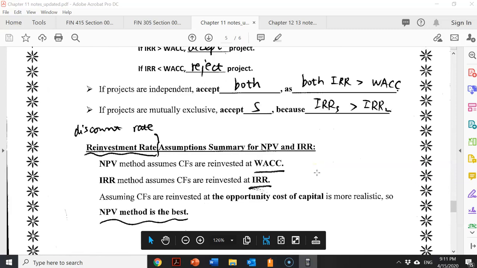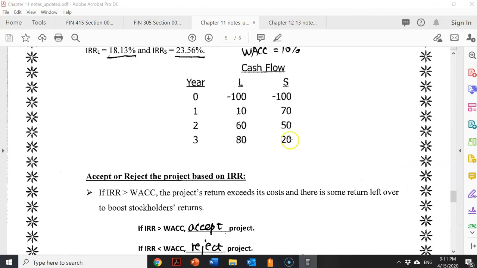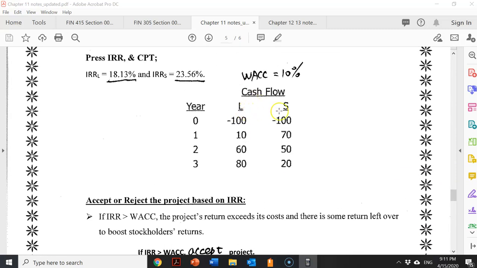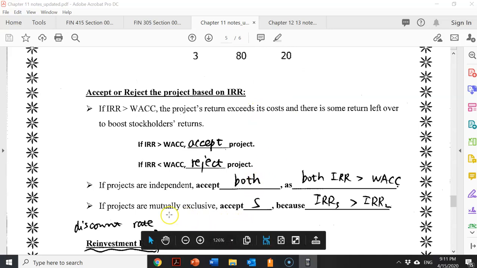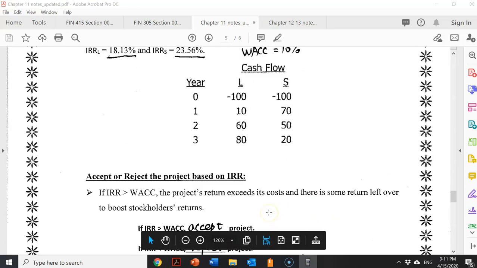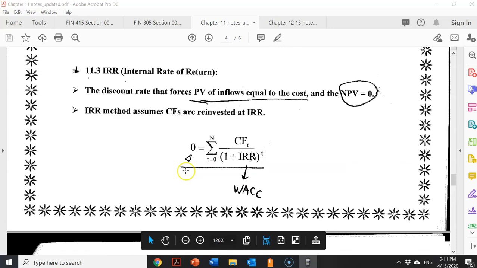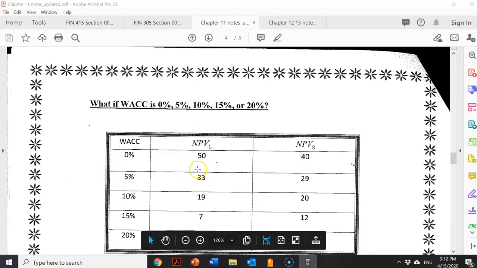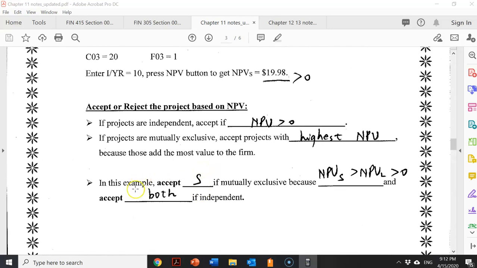But in some other cases, for example, in our example here of L and S, based on IRR, we would choose S because S has a higher IRR. And based on NPV, we also choose S, because S has a higher NPV.